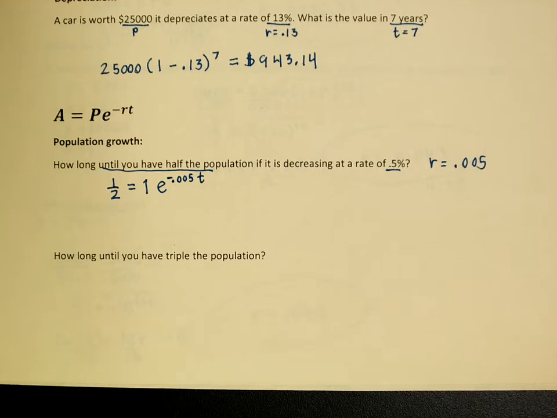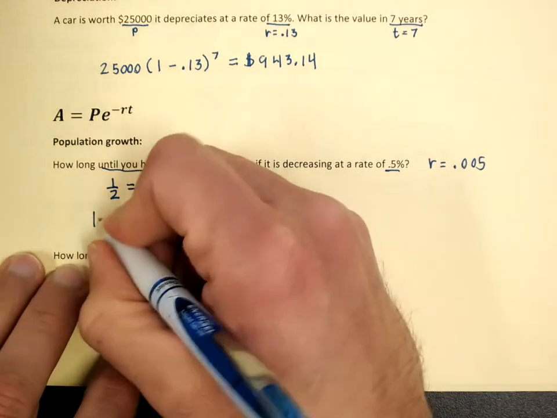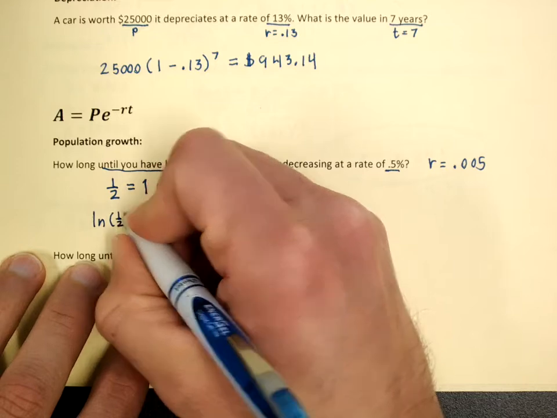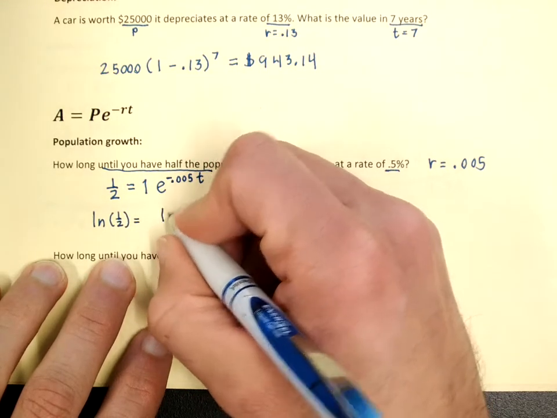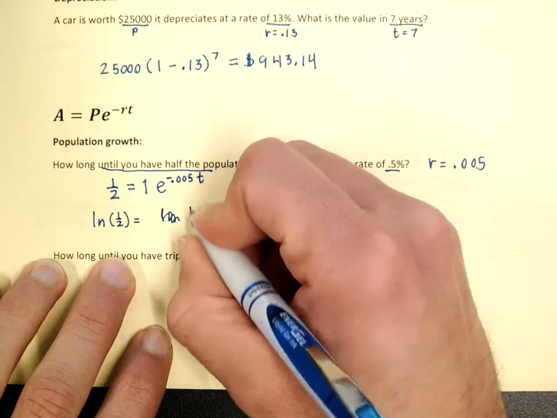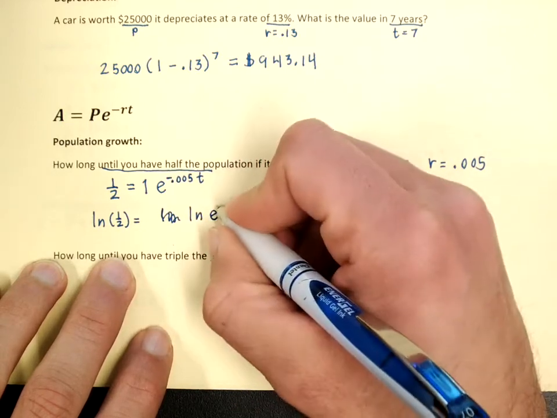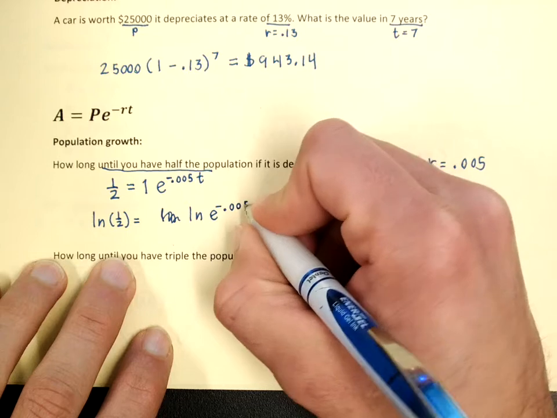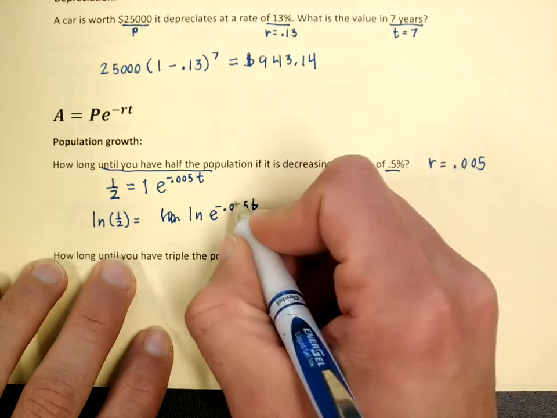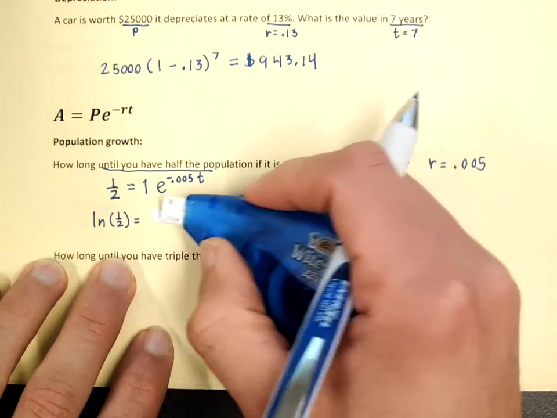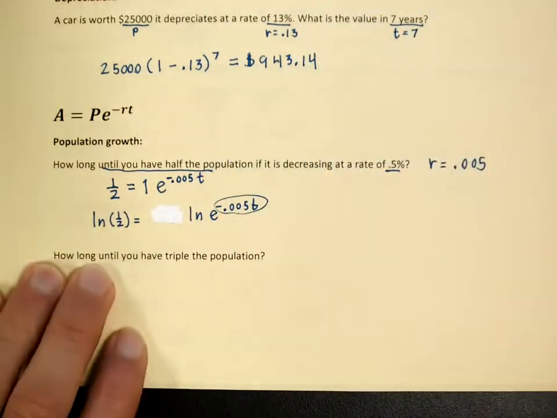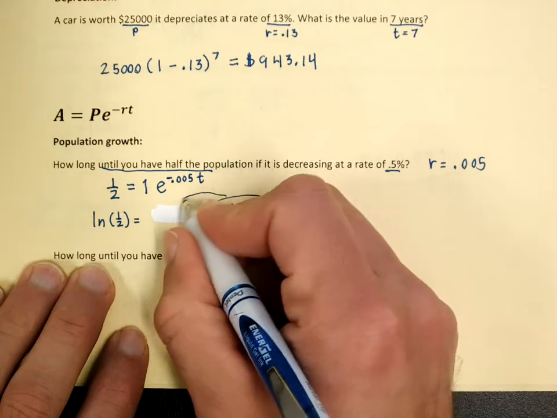So now all I'm going to do here is take the natural log of both sides. So I have the natural log of 1/2 is equal to the natural log of e to the negative 0.005t. Remember that this part, the exponent, I'm going to bring over here.